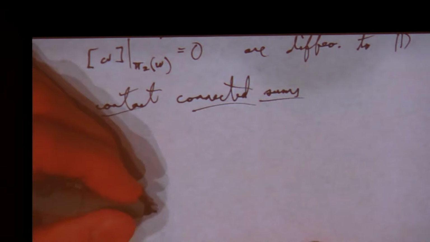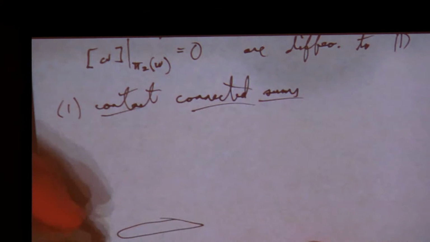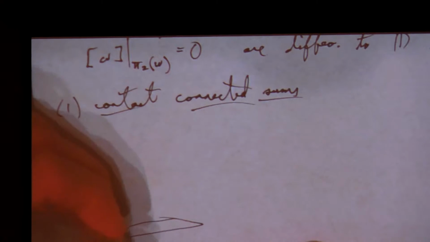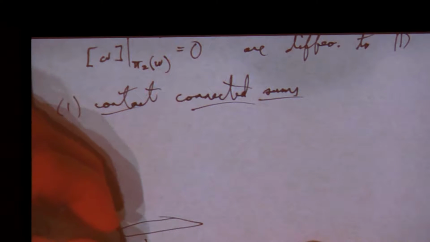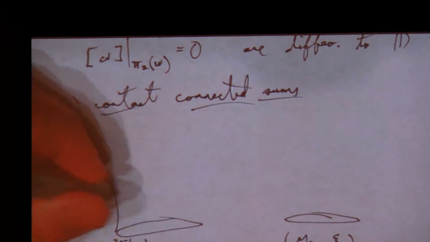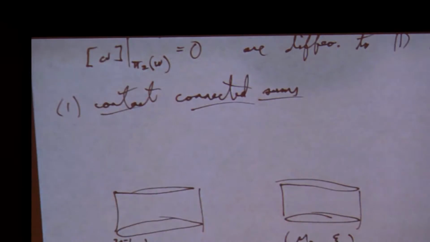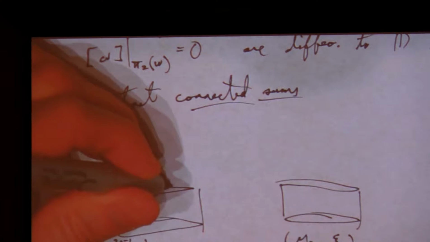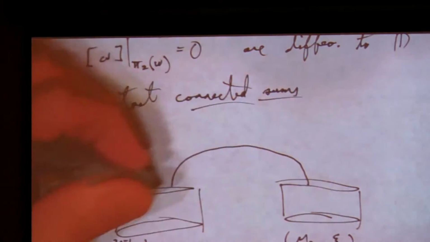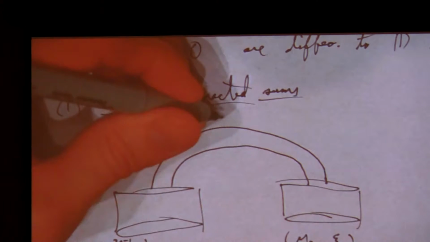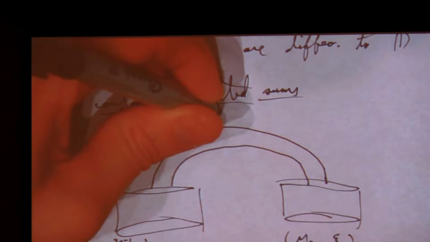So by this I mean, imagine I've got two contact manifolds M1 and M2 of the same dimension 2n minus 1. And let's build, first of all, the trivial cobordism over both of them. That has a natural symplectic structure on it. And now I want to attach a one handle. I'm going to write this in a slightly more general way.